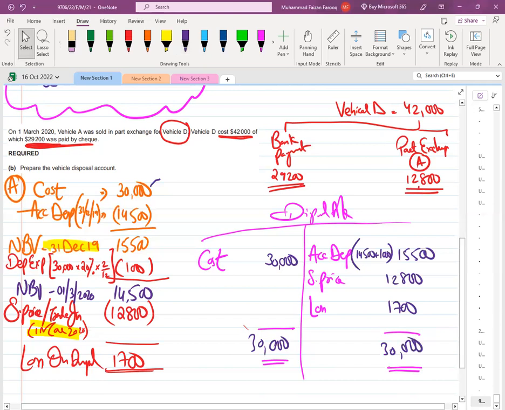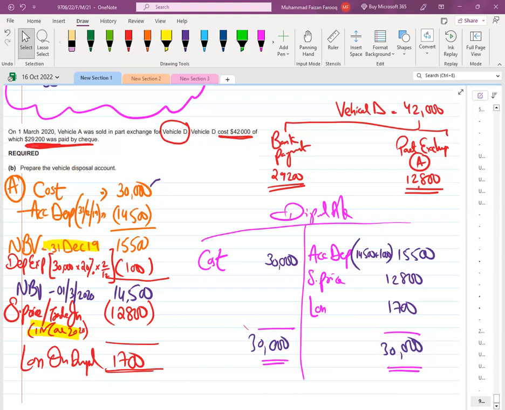In this corner working, we learned that we have to do that working before we make the disposal account. This is 5 marks, 4 marks for requirement A, 5 marks for this requirement. So total 9 marks we scored till now out of this question.